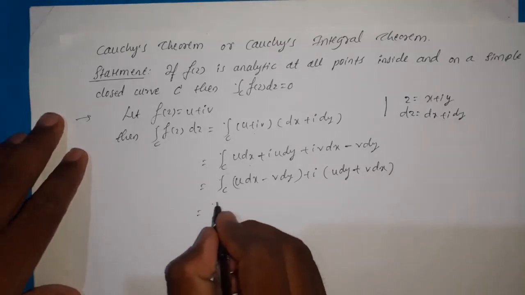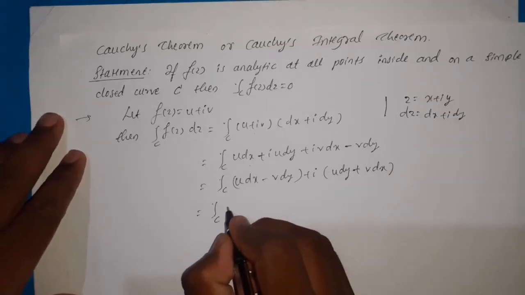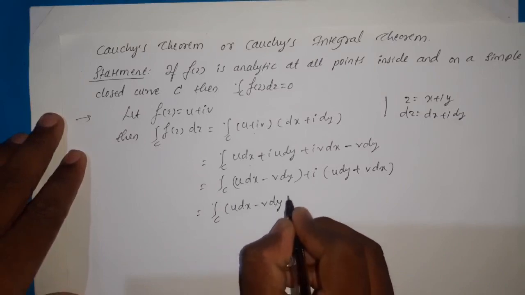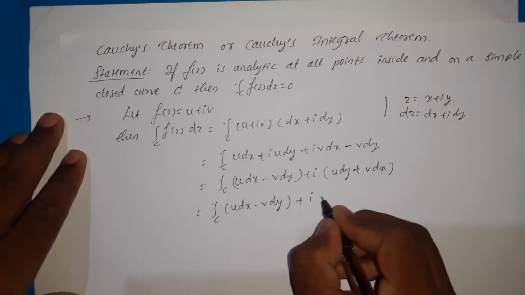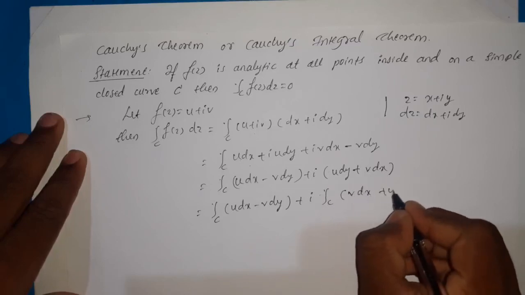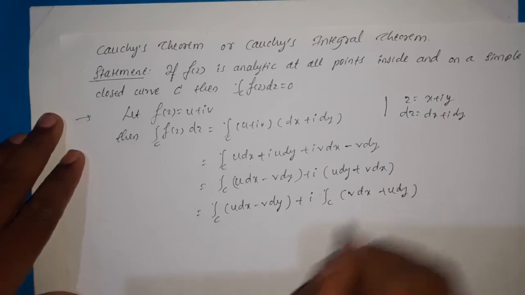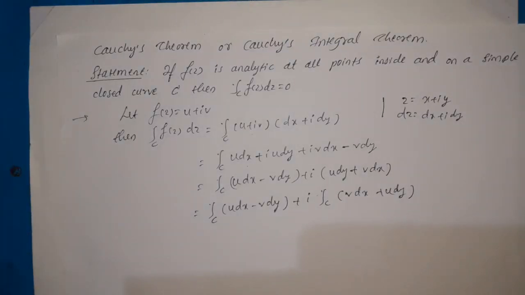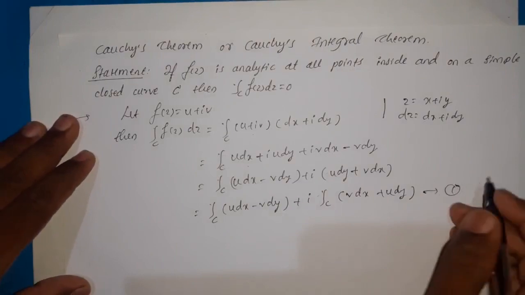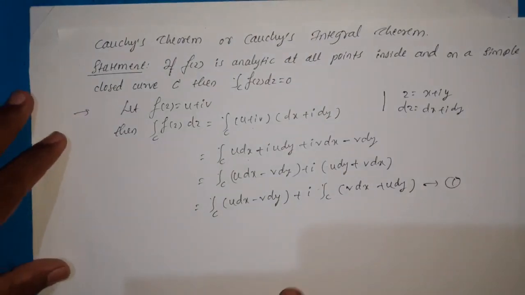Then this is equal to integration over c u dx minus v dy plus i into integration over c v dx plus u dy. So here we have separated the integrals and consider this as the first equation.